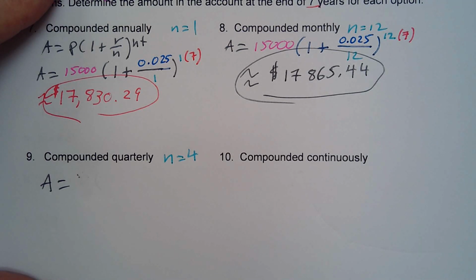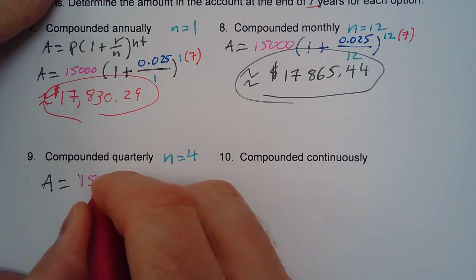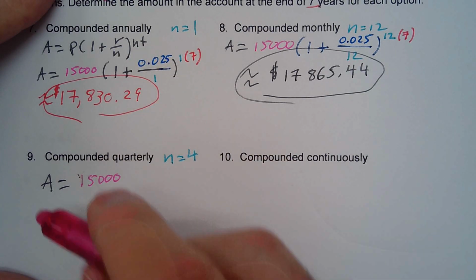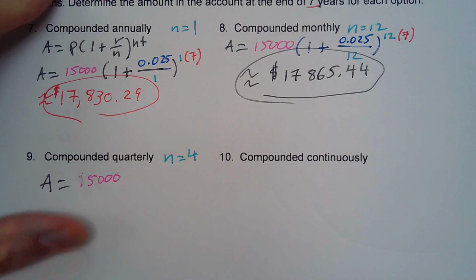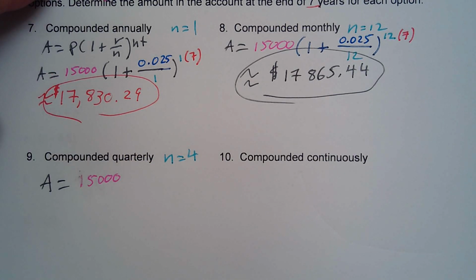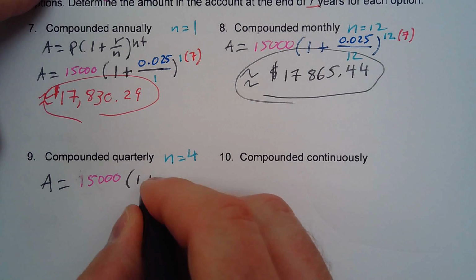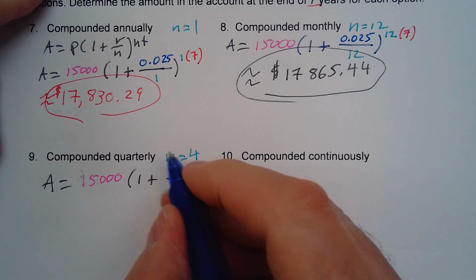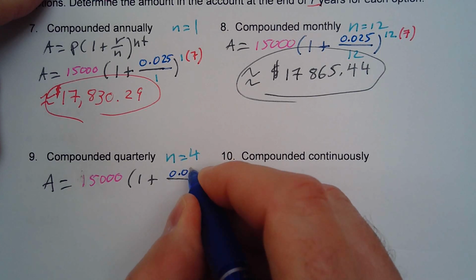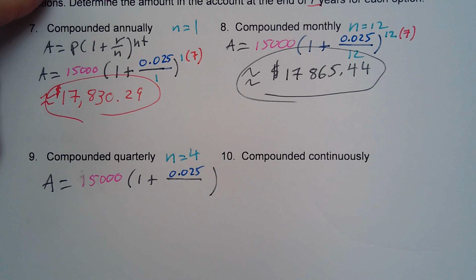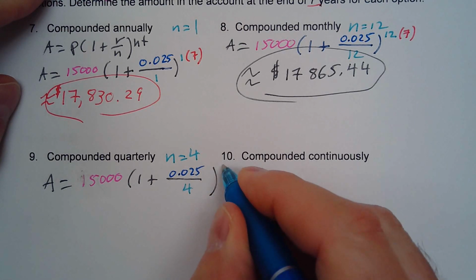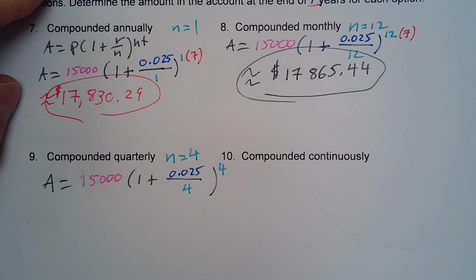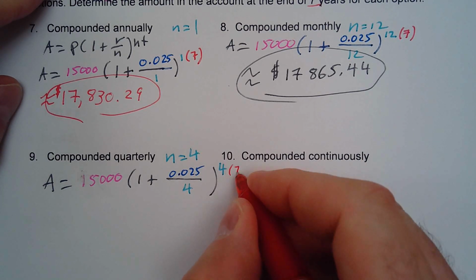So we're going to have our 15,000, our 1 plus, this is still going to be 0.025, but now my n's going to be 4, so I'm going to have a 4 here and a 4 here, and 7 up here.